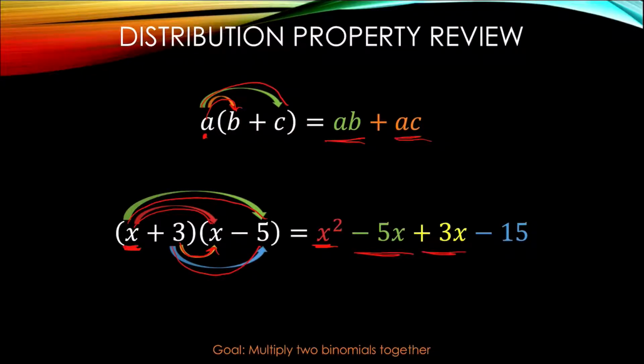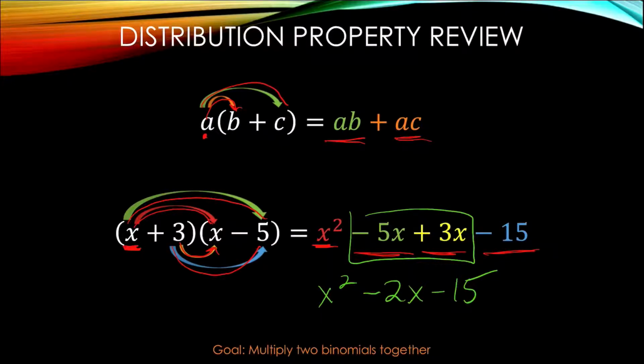And 3 times a negative 5 gives me negative 15. So I distribute it. The only step that's missing here is to combine my like terms. So I'd have x squared, negative 5x plus 3x gives me a negative 2x, minus 15.